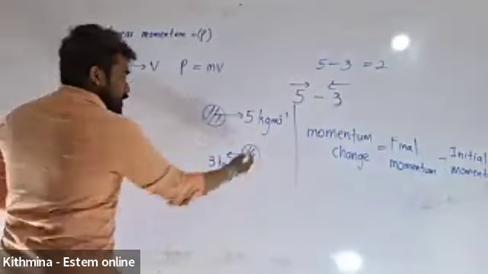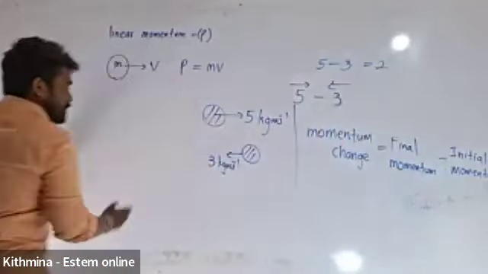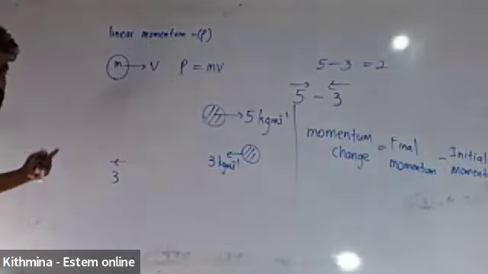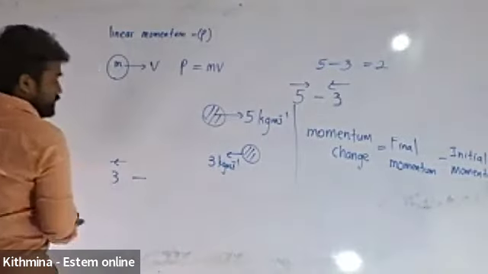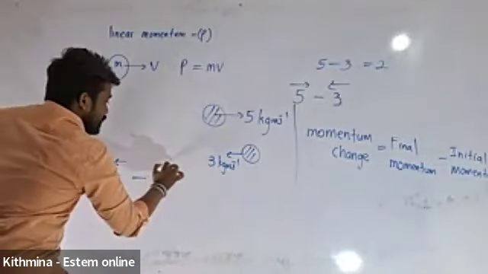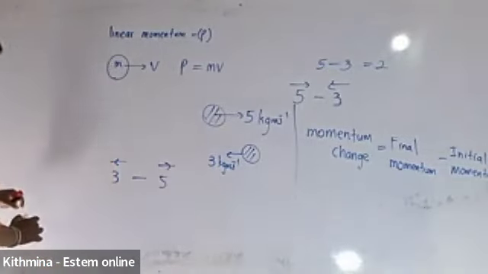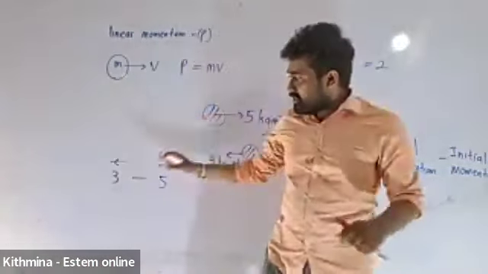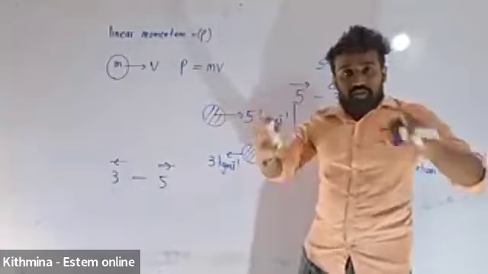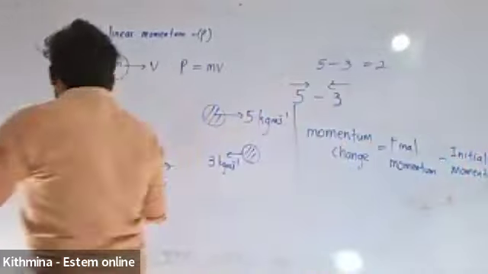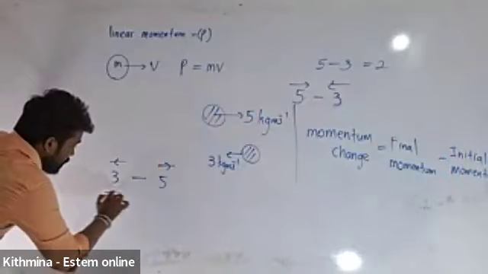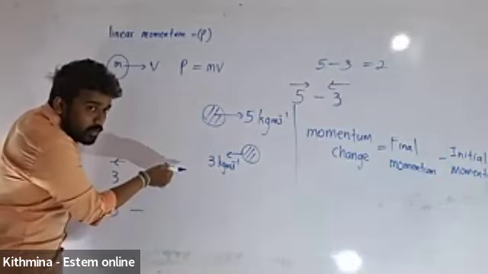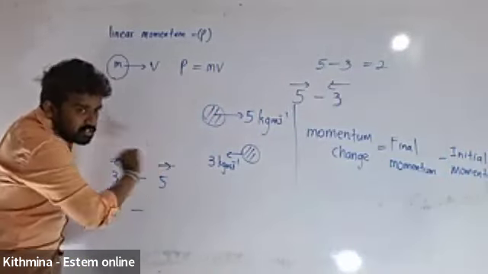It means here the final momentum is 3 kg m s^-1 in this direction. We should subtract the initial, which is 5 kg m s^-1. So in vector subtraction, we should subtract vectors by converting these vectors into the same direction.